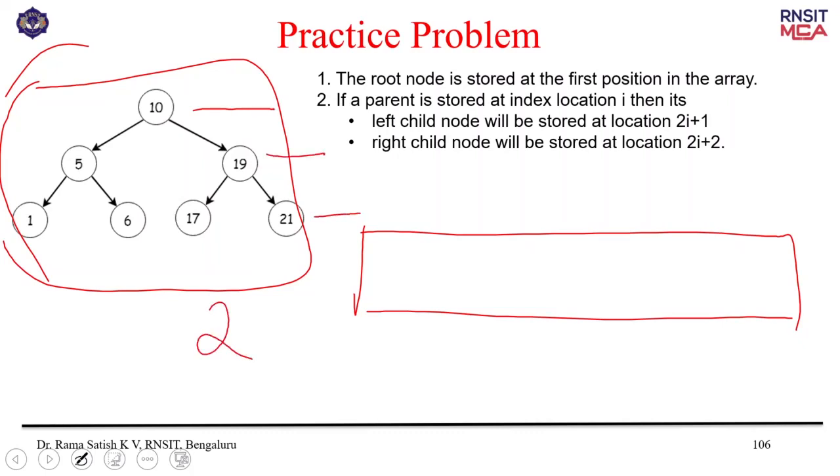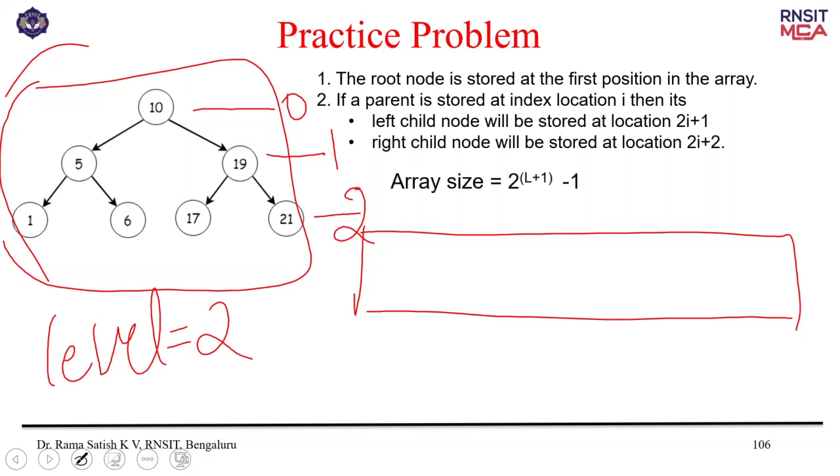So the level is equal to 2, and the nodes are present up to the maximum level 2. Now you have a formula: array size is equal to 2 raised to the power of level plus 1, minus 1. The level is 2, 2 plus 1 is 3, and 2 raised to the power of 3 is 8.